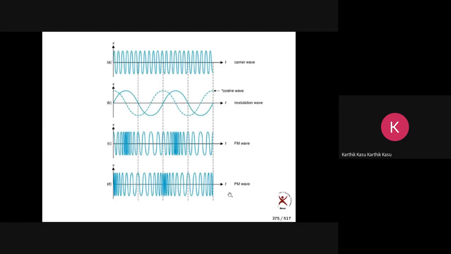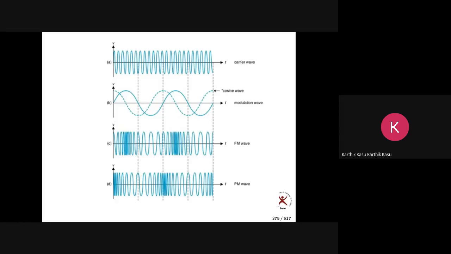In phase modulation, the instantaneous frequency of the carrier changes according to the derivative of m of t, meaning according to the cos theta, this dotted line. So this diagram tells us everything about the FM waveform and PM waveform. So this is about the waveforms of frequency modulation and phase modulation.